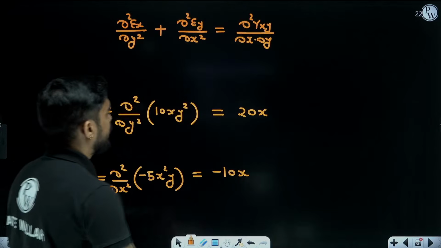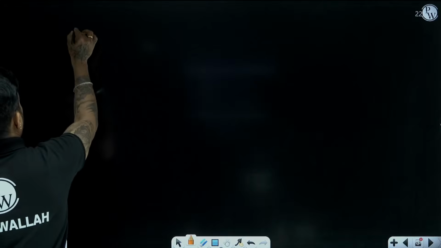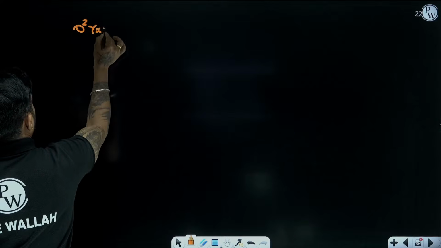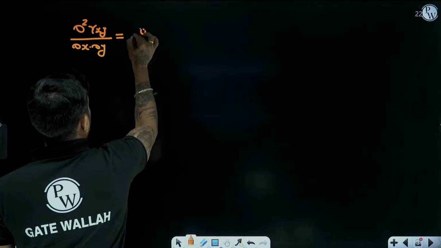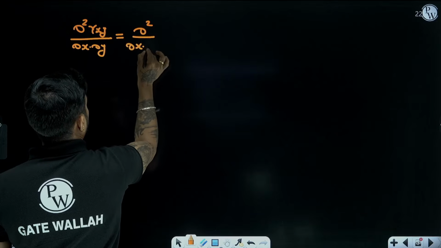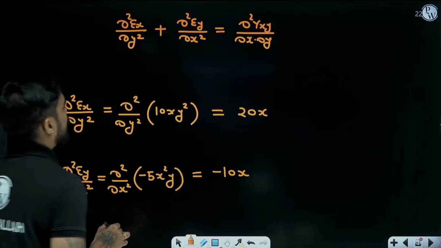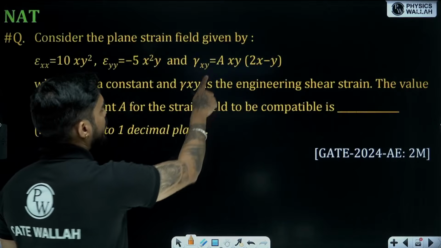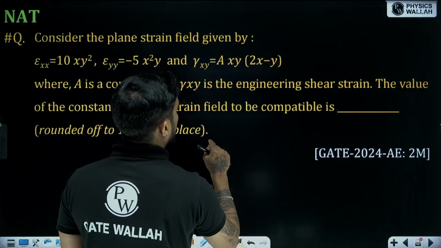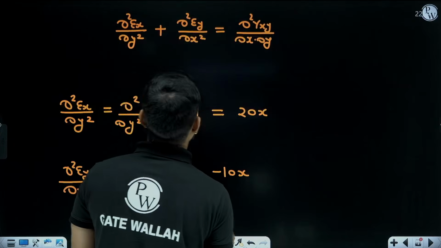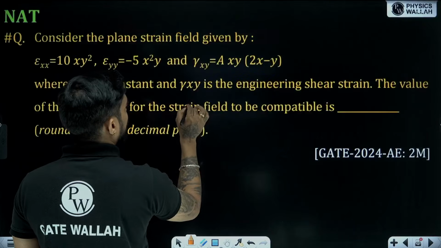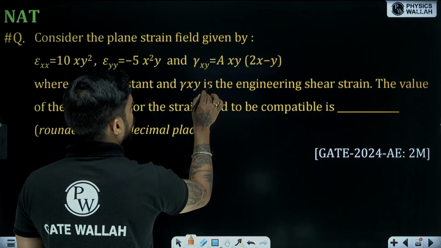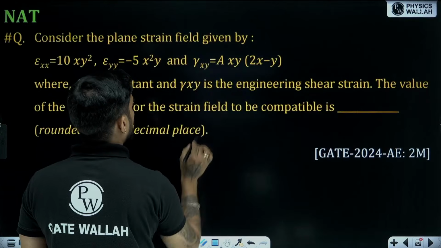Yes, then dou square gamma xy by dou x into dou y. So dou square by dou x into dou y of gamma xy. What is gamma xy? Axy 2x minus y. So let me multiply everything. So this will become A, it is common, na?